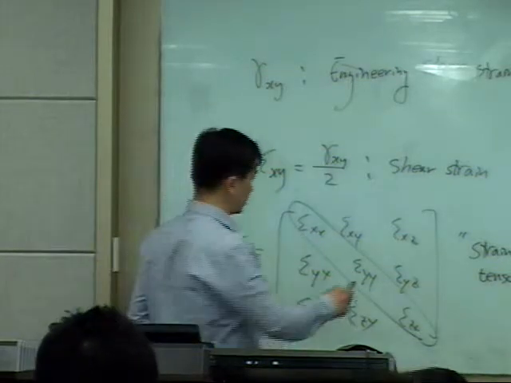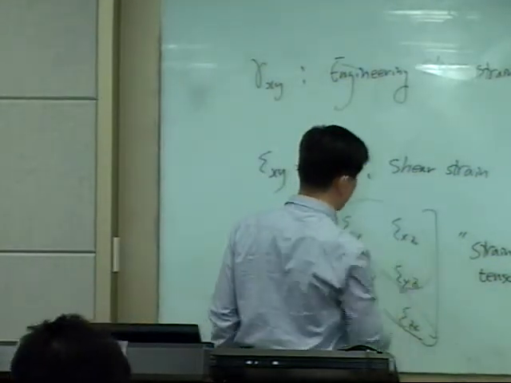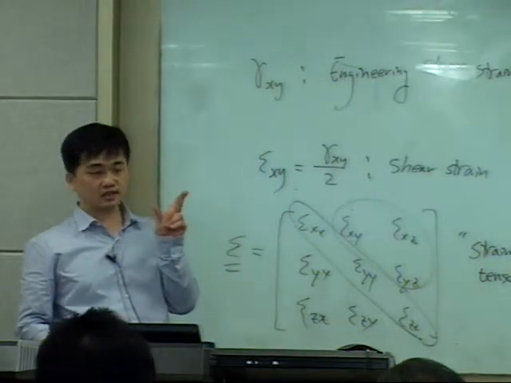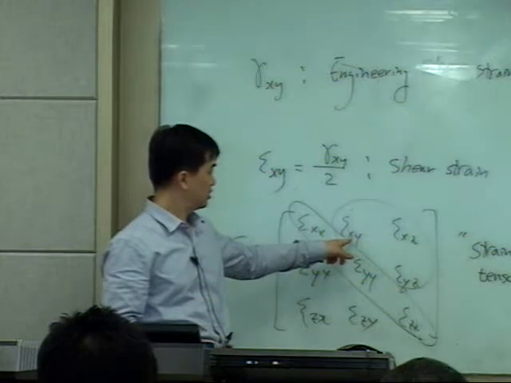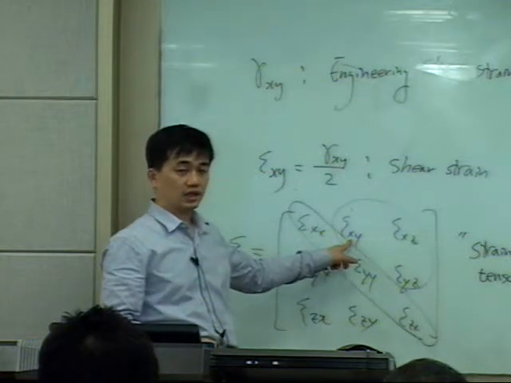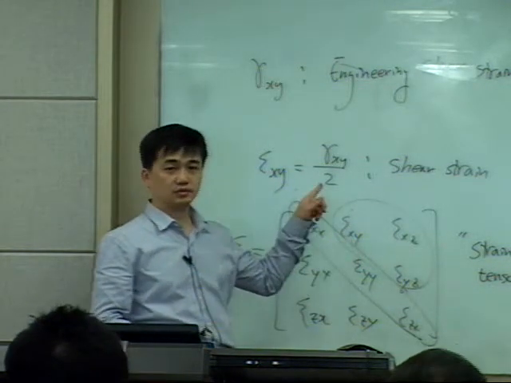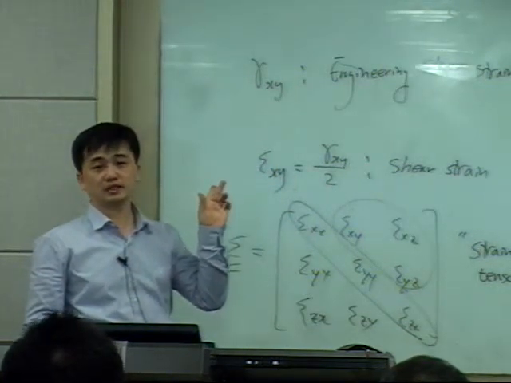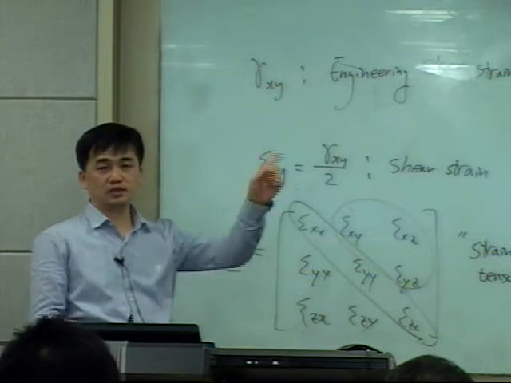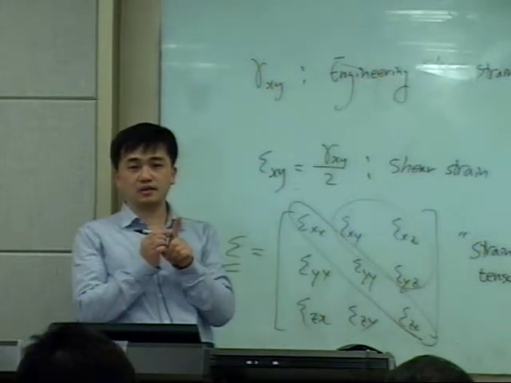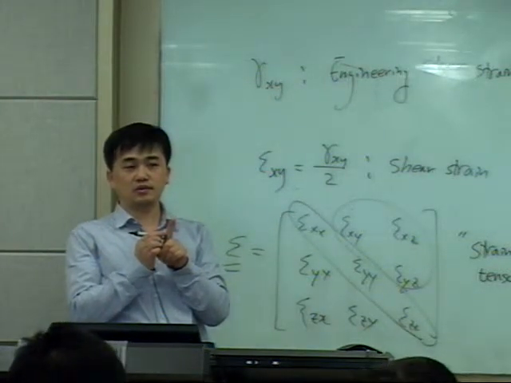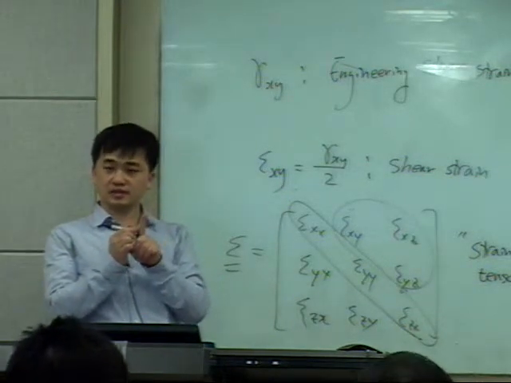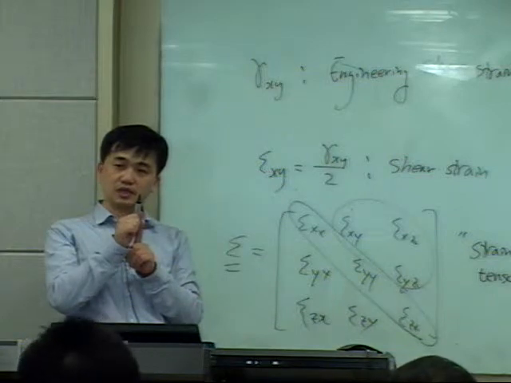Then these are the shear parts. Shear strains give us the angle change. Let's look at the shear strain XY. Shear strain XY gives us, actually, half of the angle change between two vectors. One is a base vector in the X direction, the other is a base vector in the Y direction.